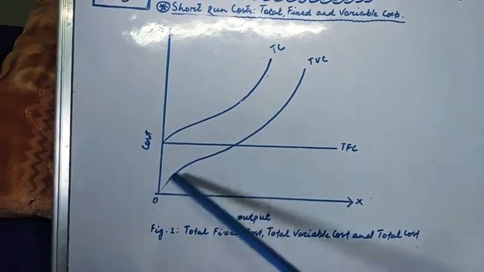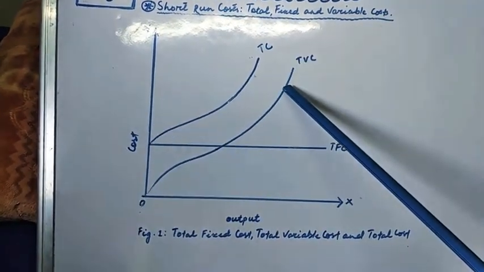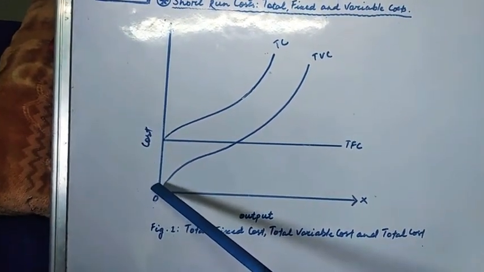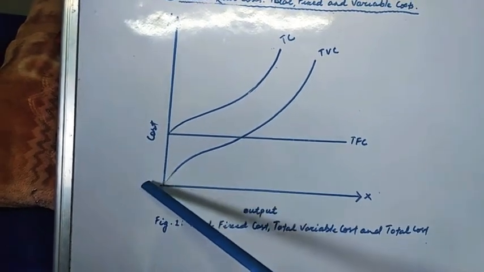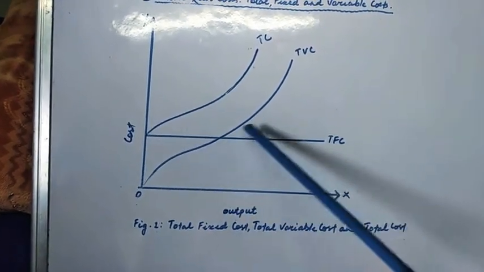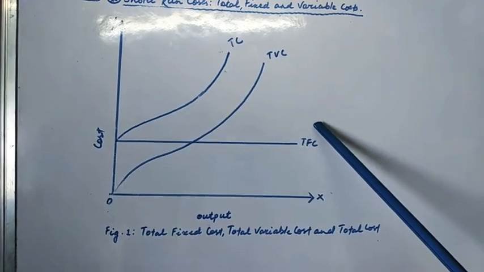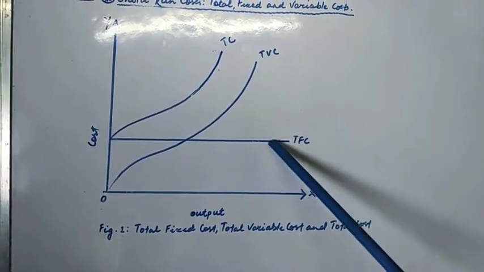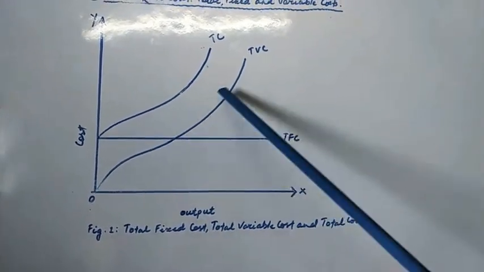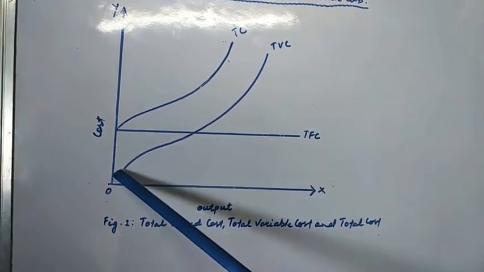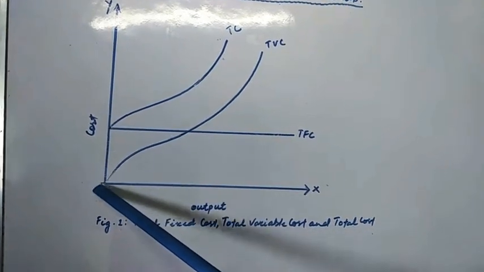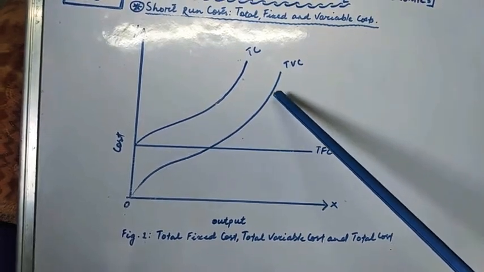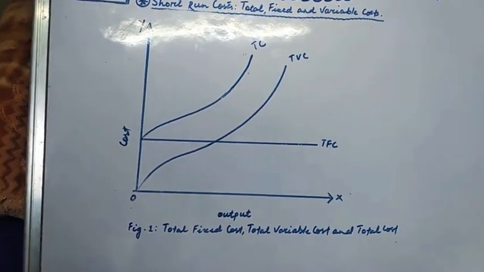You will see that this TVC, total variable cost, starts from the origin O, which shows that when output is 0, total variable cost is 0, unlike the total fixed cost. Even if the output is 0, you have to pay total fixed cost, but total variable cost starts from origin O.